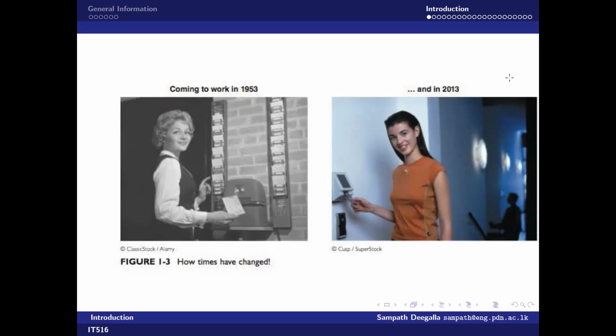Things have changed over the last couple of years. Now, how do people work nowadays? What do you think? Are we still using these systems, or has anything changed over time?